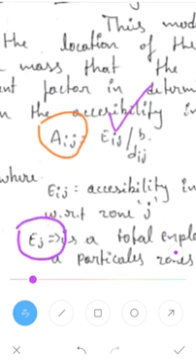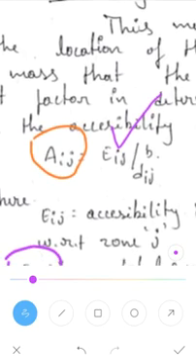Ej is the total employment, the total employment potential for the particular zone.